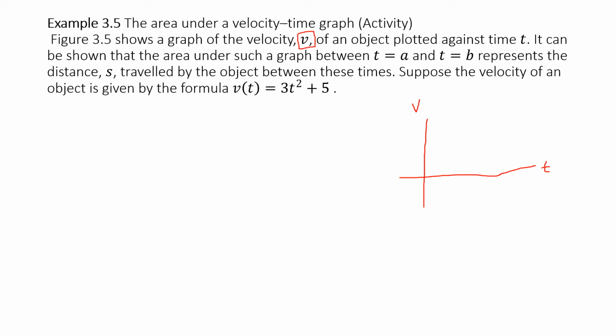An object's velocity is plotted against time t, the graph is given as shown, and the area under the graph between t equals t1 and another t, they may be in hours, they may be in meters, because units are not mentioned here, I think. And we are asking for distance. Look, for example, I don't know about this graph, it looks like a parabolic curve.